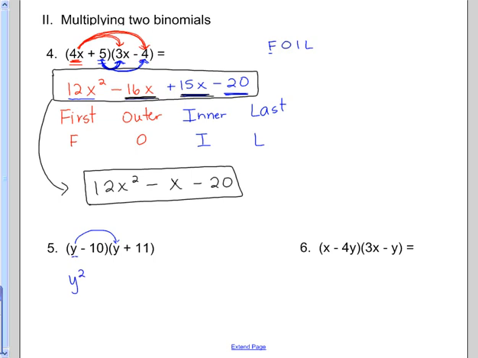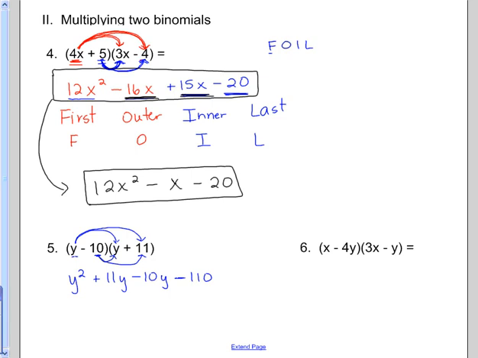The outer would be y times 11, which would be a positive 11y. The inner would be going back with the second term, the negative 10 times y, which would be negative 10y. And last, negative 10 times 11, which would be negative 110.